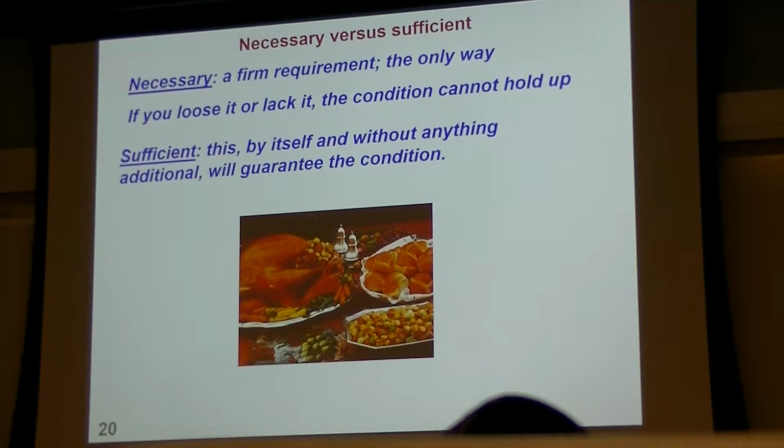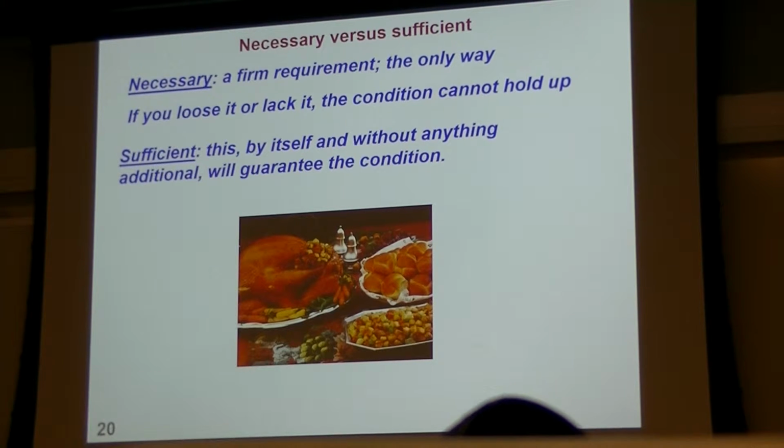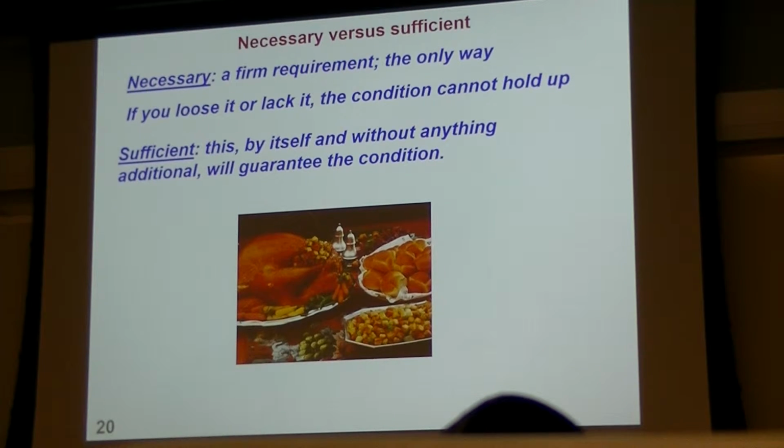All right, so now I'm going to interrupt the flow again just a little bit to talk about this idea of necessary and sufficient. So in developmental biology, we use these two terms to indicate a certain concept, and each term means something a little bit different.